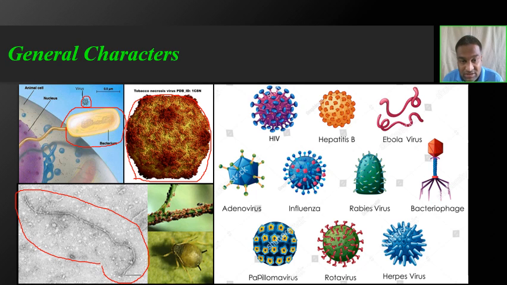Now here are some pictures of the viruses from which you can get an idea about the shape of the viruses. Some viruses have rod shape, some spherical shape, some brick shape, some bullet shape, some are pleomorphic, and some have a tadpole-like structure. Here we can see the image of bacteriophage, which has a tadpole or spider-like structure.